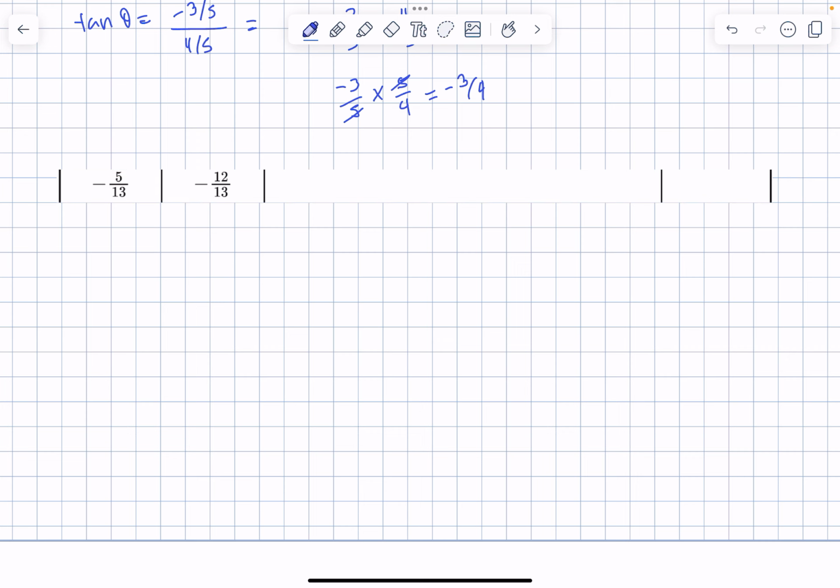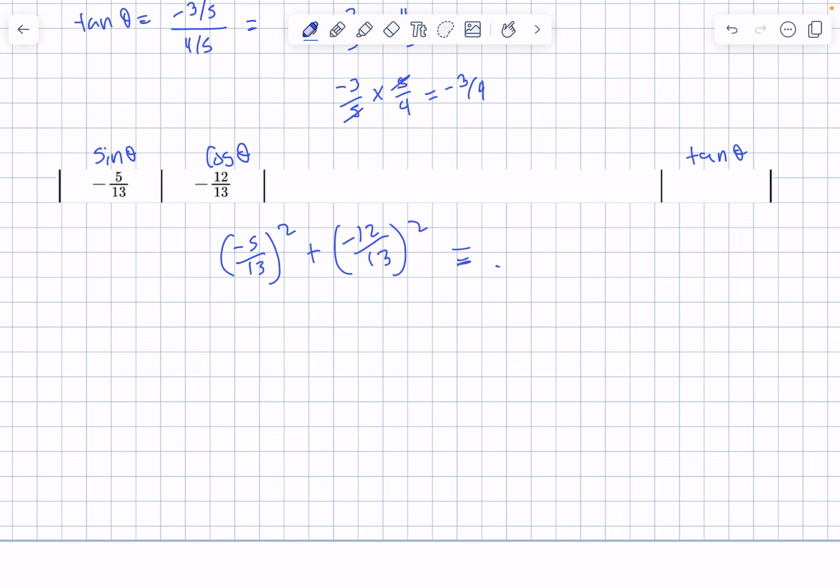Same concept. This is sine of theta, cosine theta, tangent of theta. You need to verify the identity. So sine of theta, negative 5/13, you're squaring this, plus negative 12 over 13 squared has to be equal to 1.